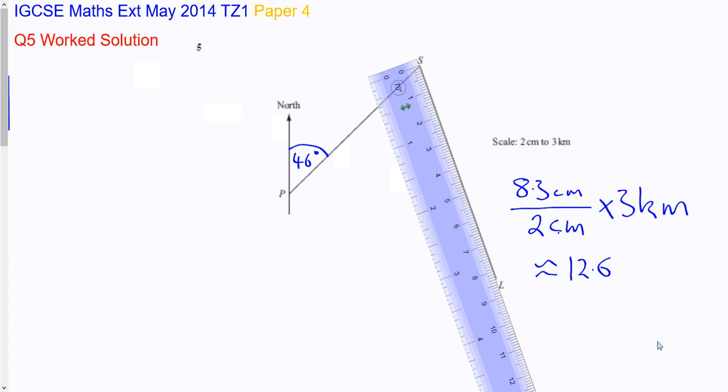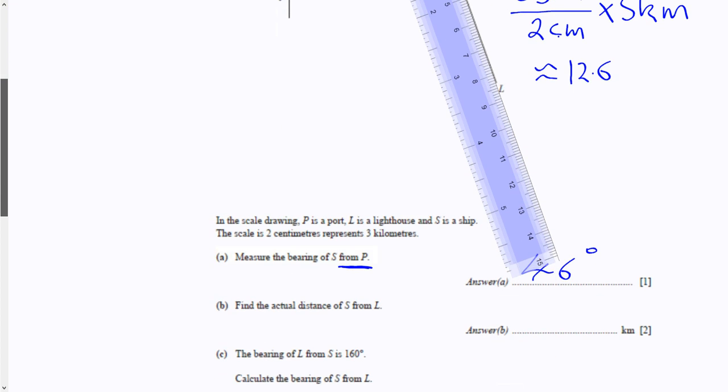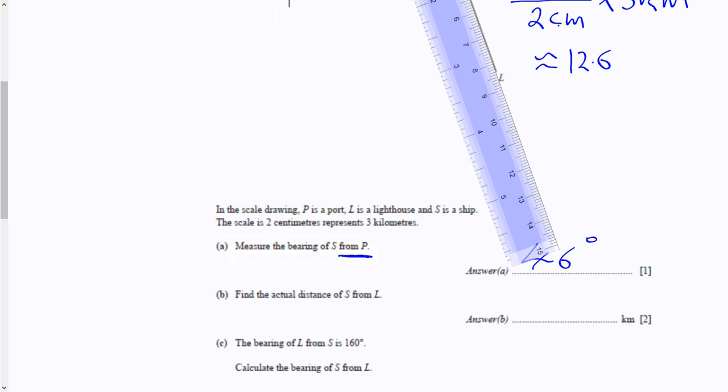12.6. Now again, what's important is to know that there is room. If your ruler is slightly different, you're a couple of millimetres out, I've got 12.6 here, but you'd probably still get marks for 12.45, 12.7, possibly 12.8. So don't worry about that. The answer here is 12.6 kilometres.